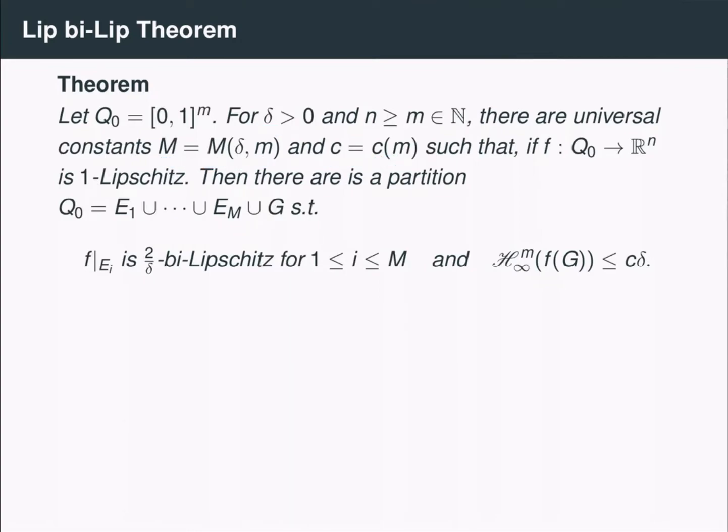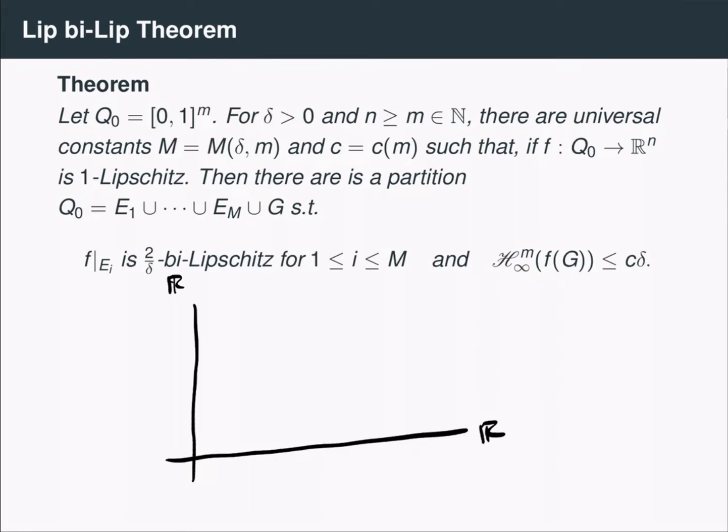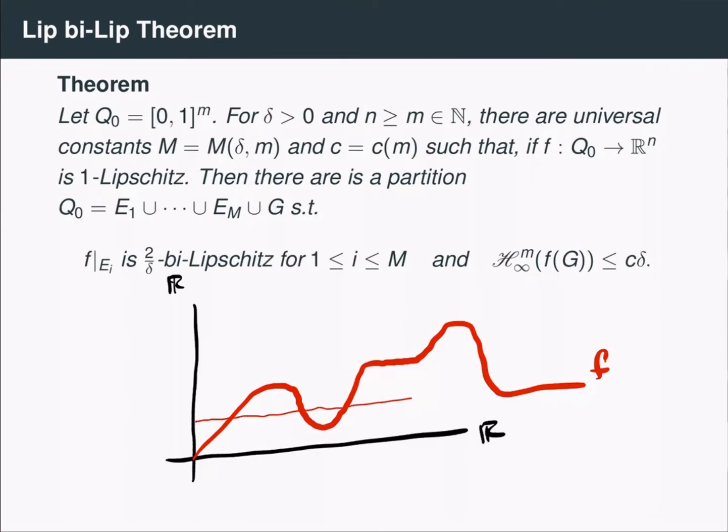So to get an idea of what's going on, let's look at an example. Suppose that we're looking at a one Lipschitz function that is going from the real line to itself, and this is the graph of f. You might recall from calculus that a function is injective if it satisfies the horizontal line test, that any horizontal line touches the graph at most once.